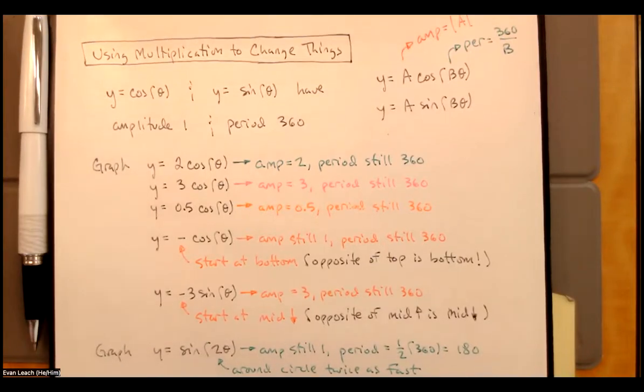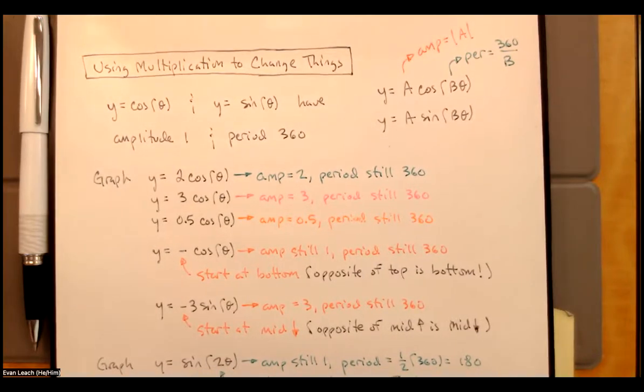If A is negative, then we use the opposite start. Start at the bottom for a negative cosine, start at the mid going down for a negative sine.